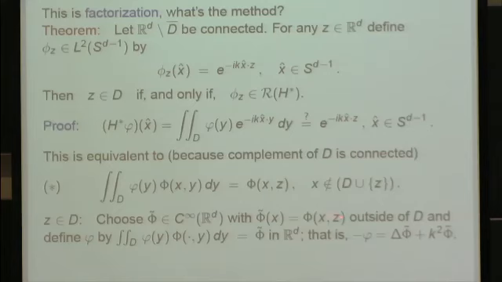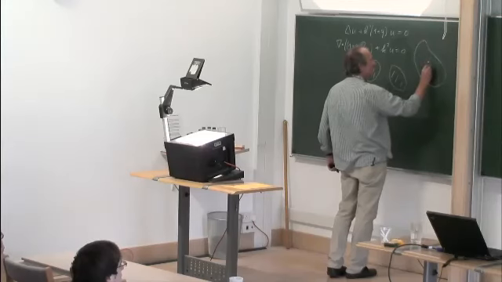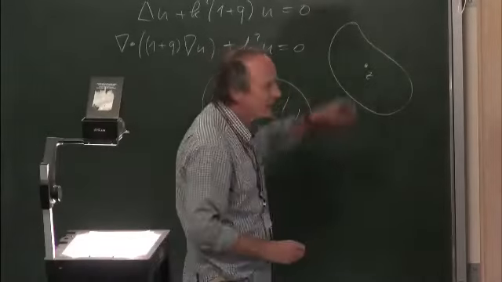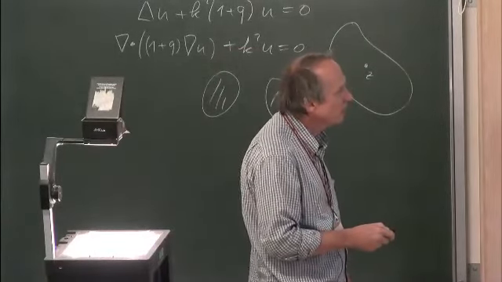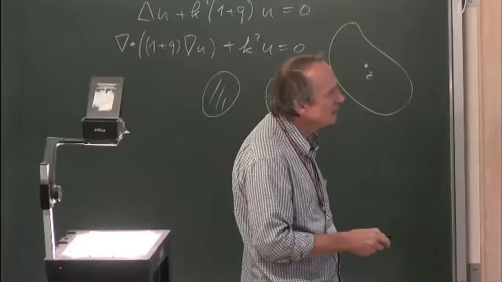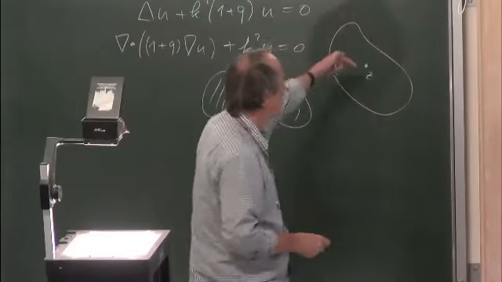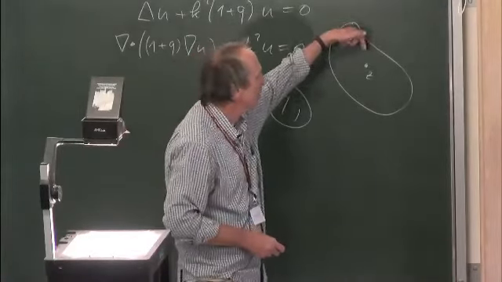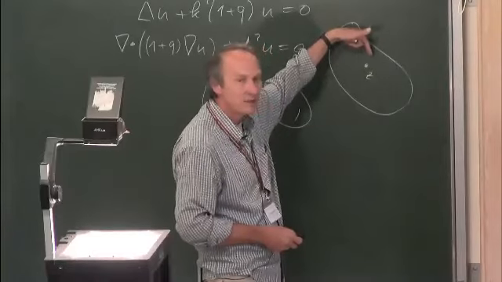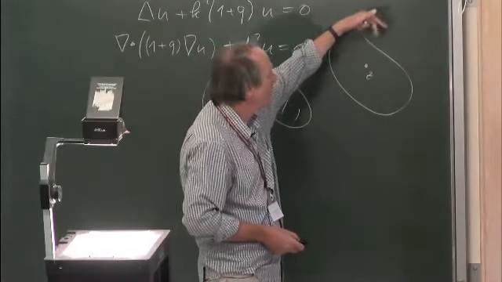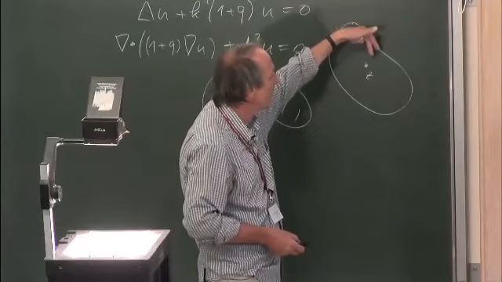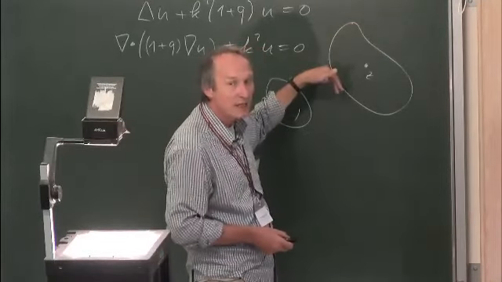Z is inside of D. So you take a smooth function phi tilde, which coincides with the fundamental solution outside of D. The fundamental solution outside is smooth because the singularity is inside, and you just extend the fundamental solution arbitrarily inside the domain.